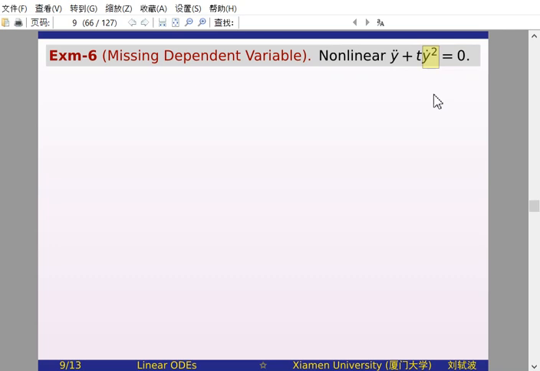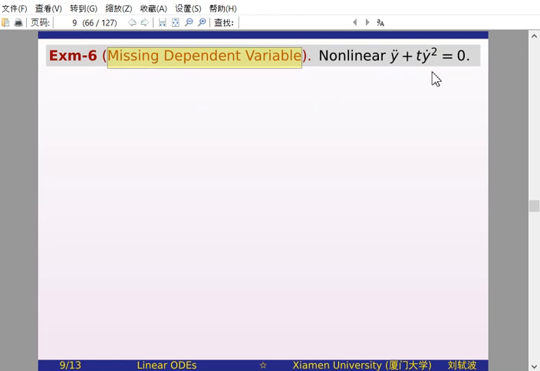We can solve many nonlinear first order equations. But when the order is 2 or higher, it's difficult to find a solution. But for some particular forms of nonlinear equation, we have techniques to find the solution. Here this class of equation is missing the dependent variable.